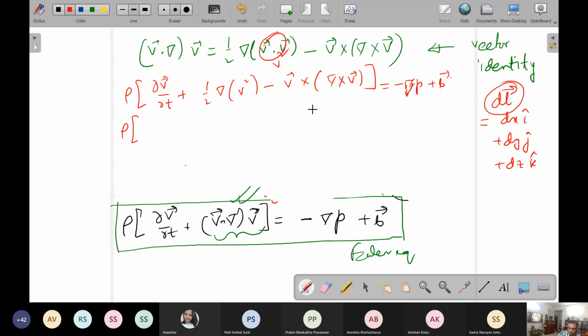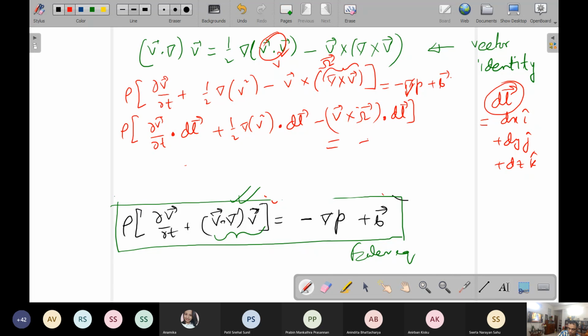So we make a dot product of this one with dl. So this is the vorticity, if you recall, curl of the velocity. Okay.